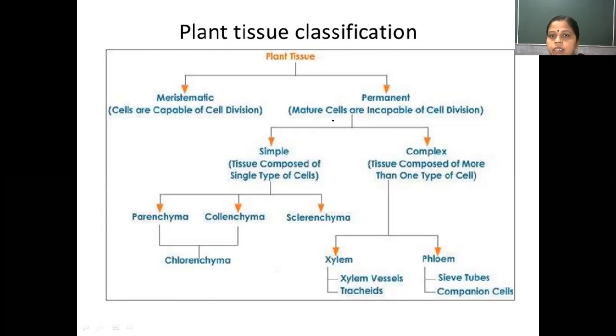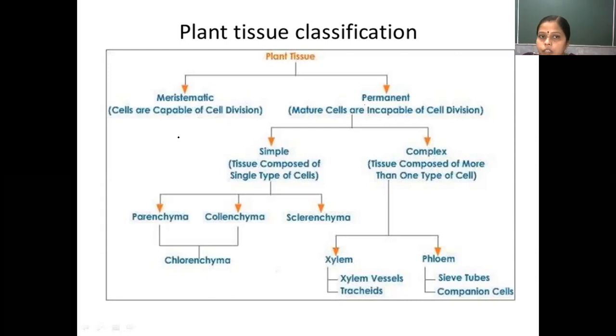Mature cells are incapable of division. Meristematic cells are capable of division and these are incapable of division. Even though they do not have the capacity to divide, they will perform certain functions.